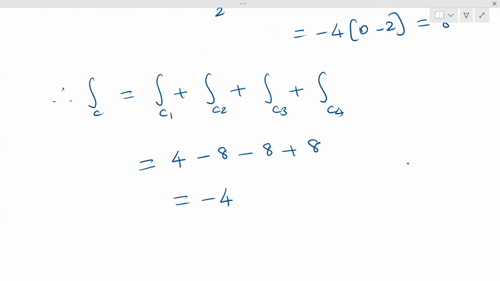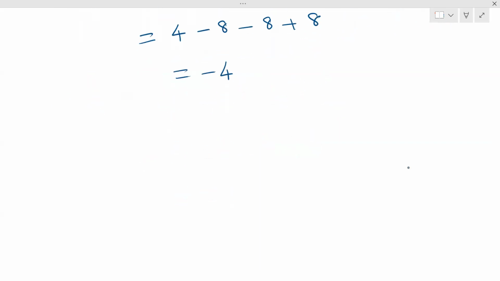Okay. Next, we have to find out the RHS. So RHS is nothing but the double integral over S of curl F dot n cap ds.